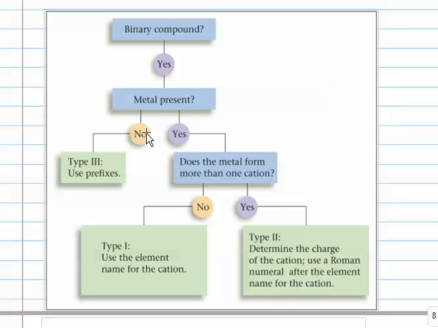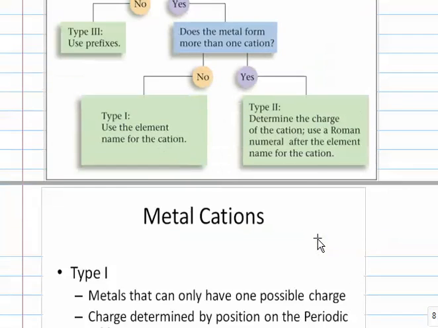If it does not, this falls under our type 3 rules for two nonmetals forming a compound. If it does have a metal, we need to determine what type of metal. Is this a type 1 metal that only has one possible charge? Or is it a type 2 metal that can have more than one charge? And so we're going to have to distinguish between these two types.